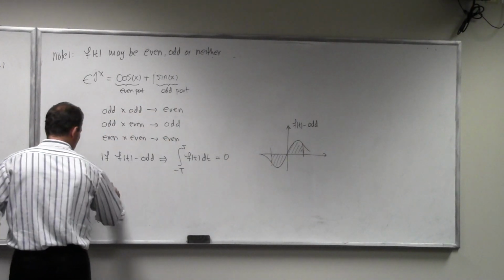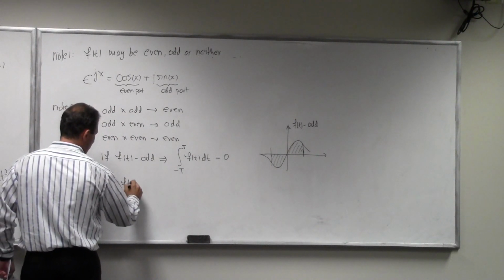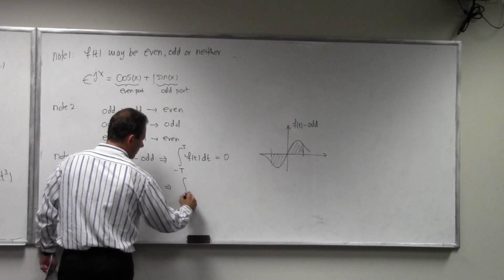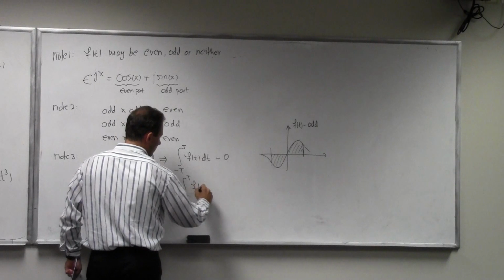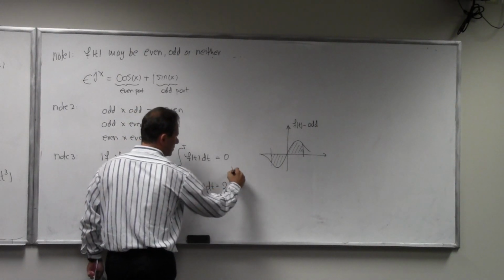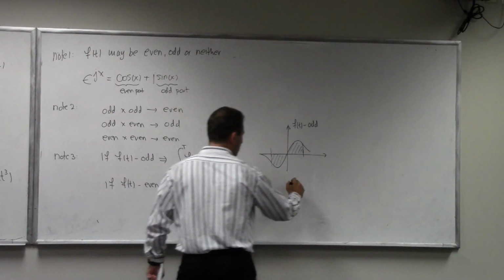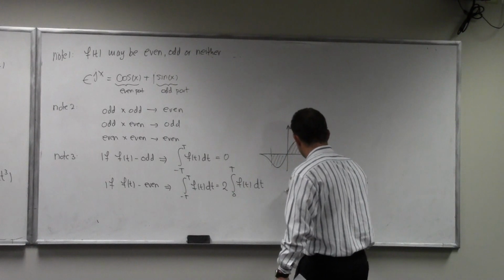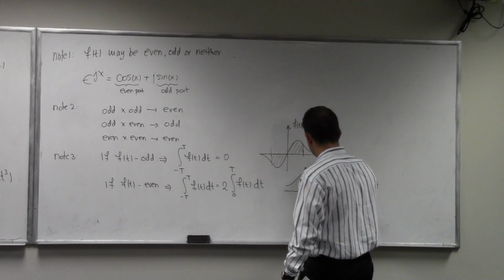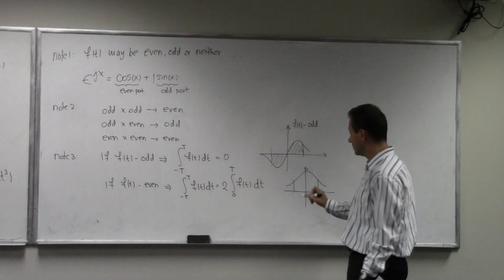Now the second subnote here, if f of t is even, then integral from minus t to t, f of t dt, can be seen as 2 times an integral from 0 to t, f of t dt. Right, in this case, if you have an even function, and let's say this guy looks somewhat like this, then you can see that whatever I have on the left-hand side is the same as what I have on the right-hand side.